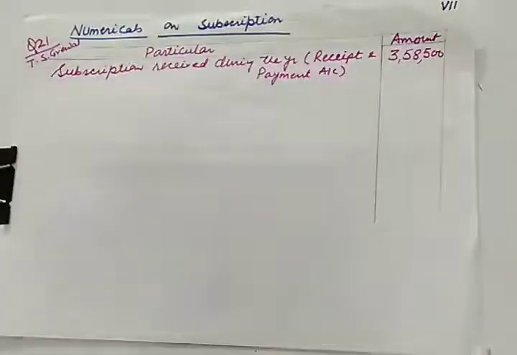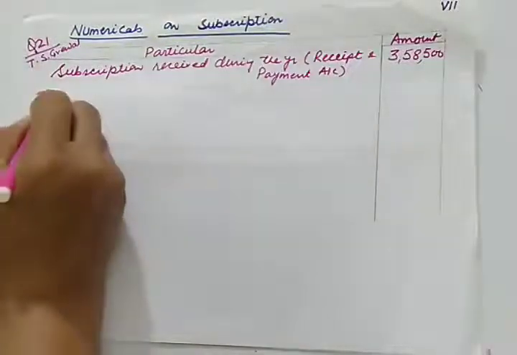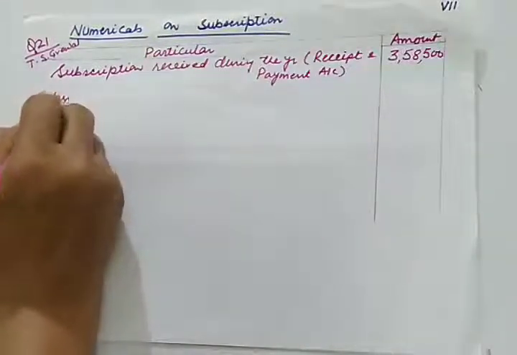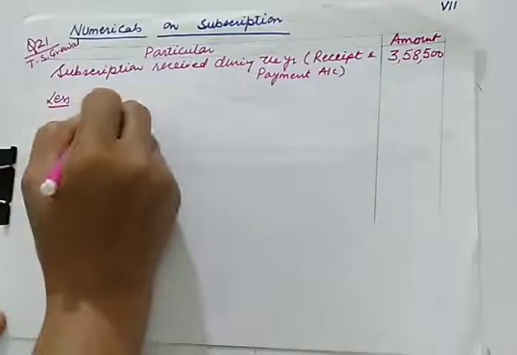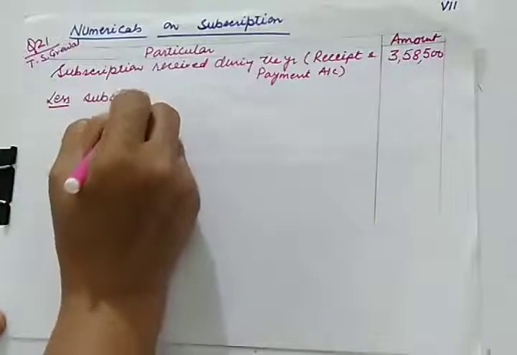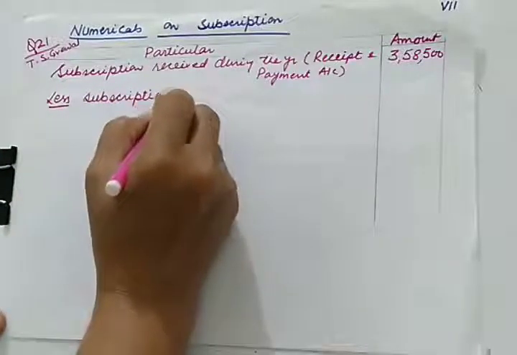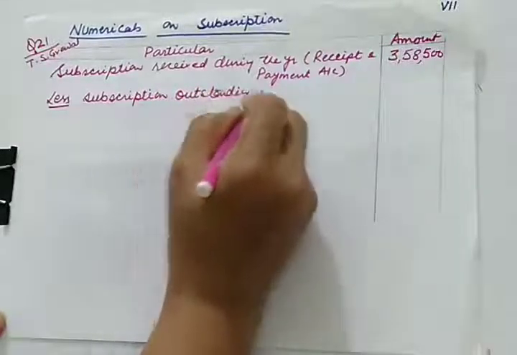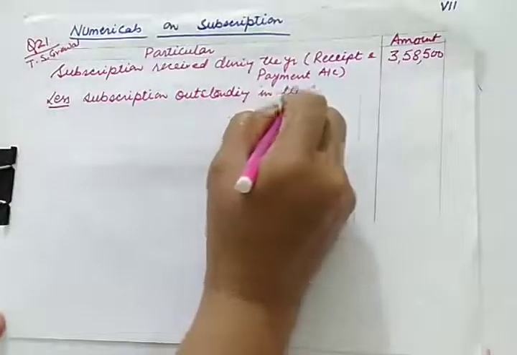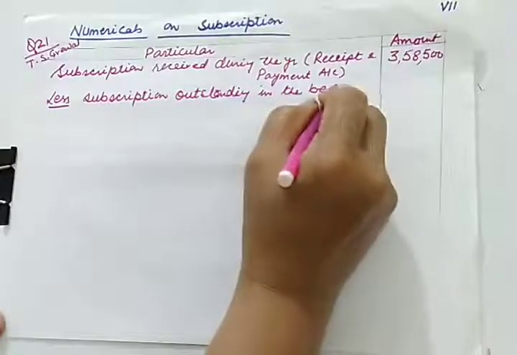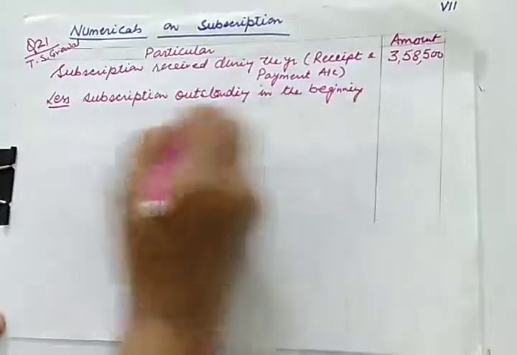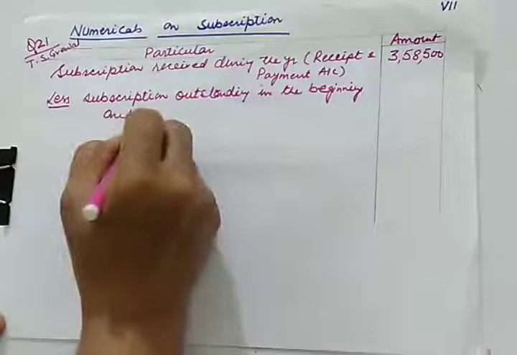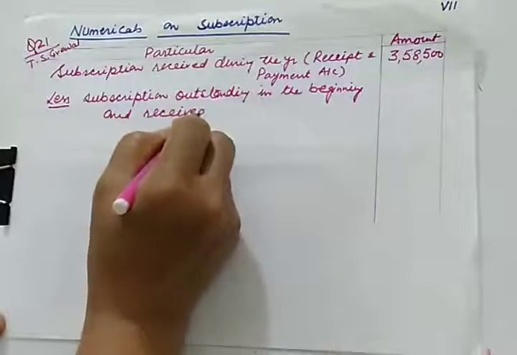So let us record that. We'll be writing here: less subscription outstanding in the beginning and received in the current year.